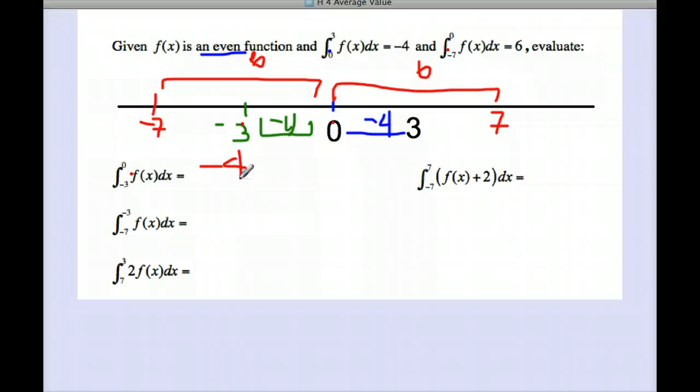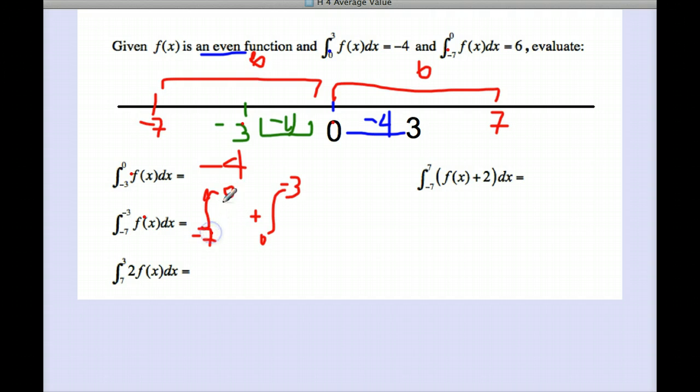If we take a look at the next one, in order to get from -7 to -3, don't I need to split this up into, first I have to go from -7 to 0 plus 0, and we know inside is f of x. I'm just writing in our integrals. I go 0 to -3.